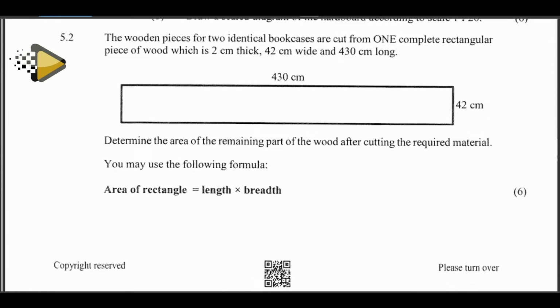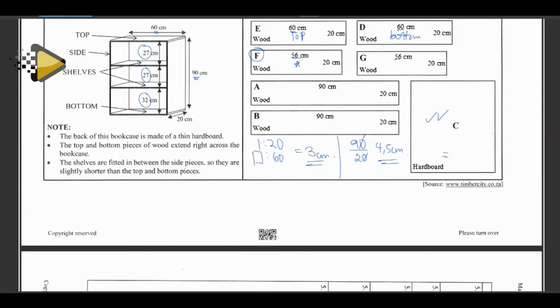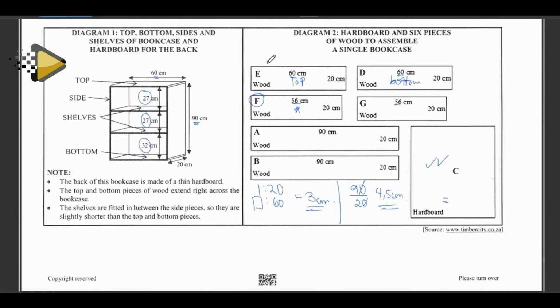Let's find the area, because all these ones are going to be cut from that one wood. Let's say area of E. This will be 60 times 20, but times 4, because there are 2 bookshelves.